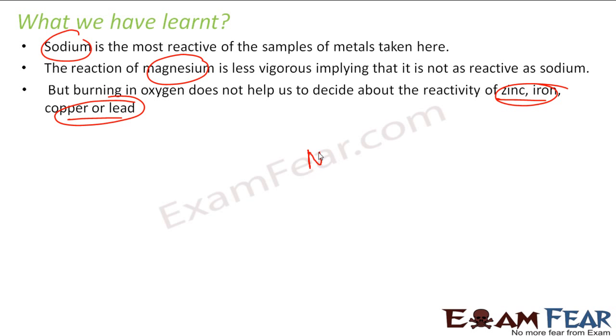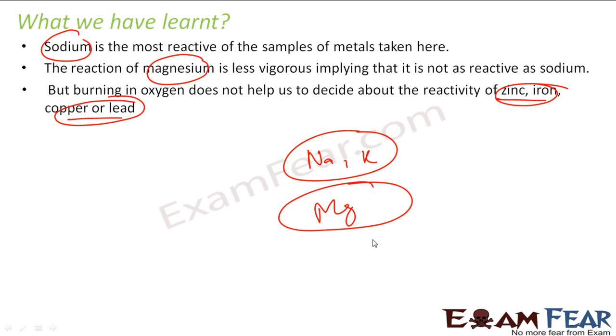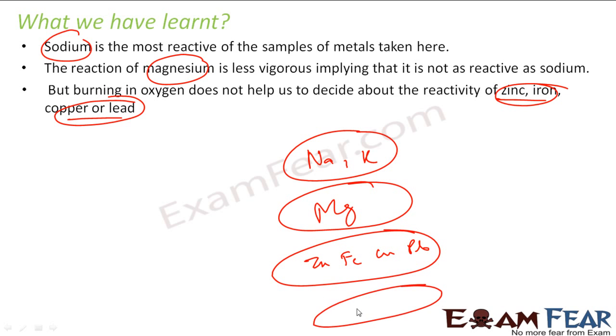To put it, we have sodium and potassium in the first group, then magnesium and others in the second, then zinc, iron, copper, lead in the third, and then gold and silver. So we know this reactivity order, but we need to further find out the reactivity between these. The oxygen didn't help us.